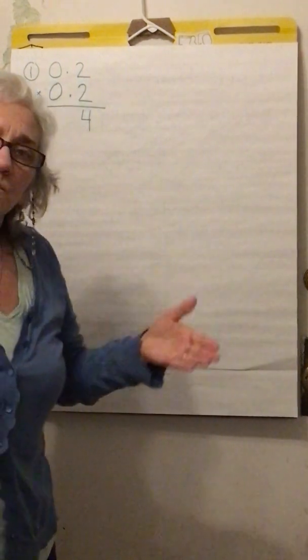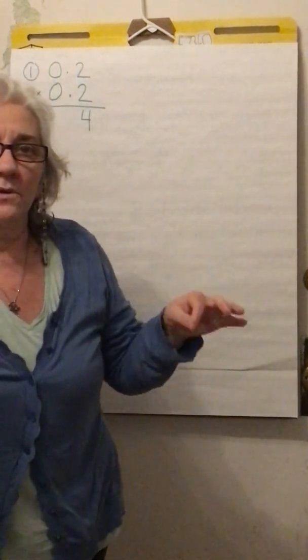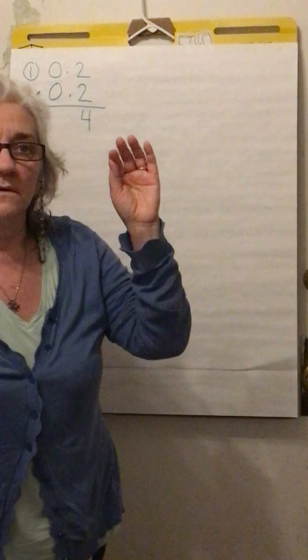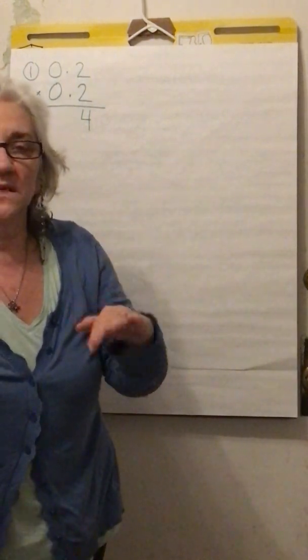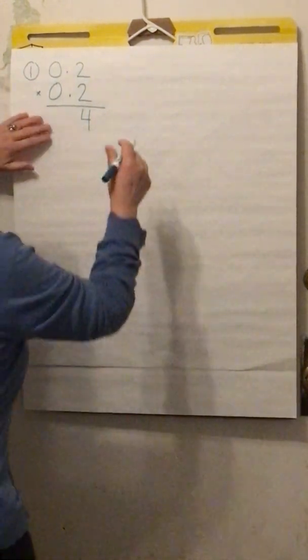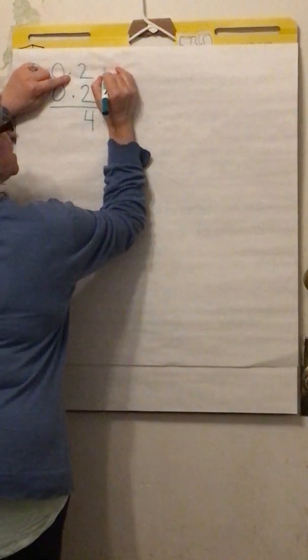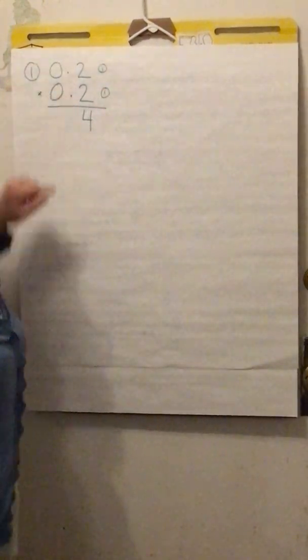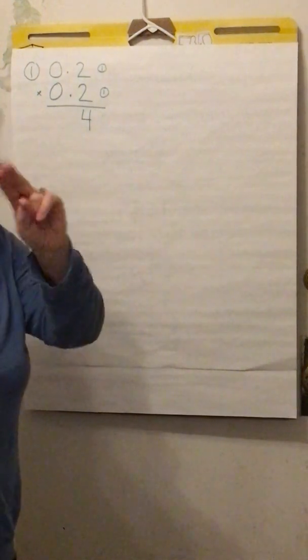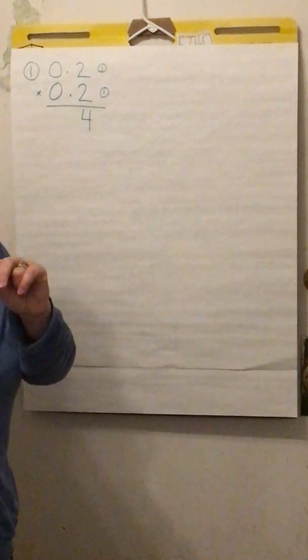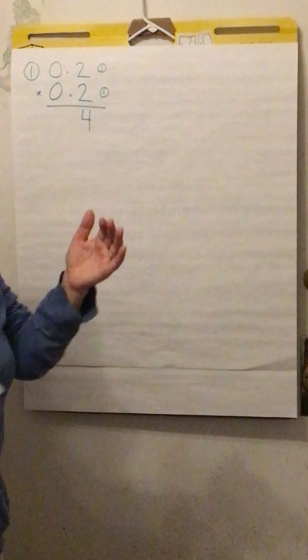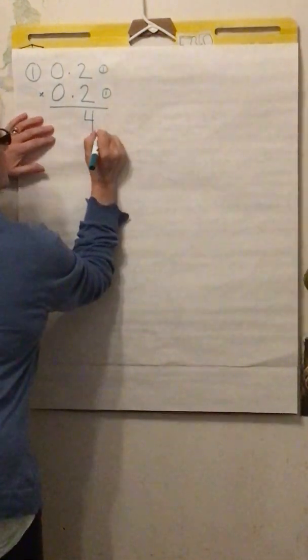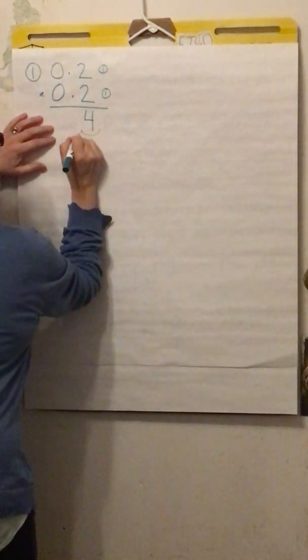And then we think about our decimal places in the final answer. Remember how we did that? We have one number behind a decimal here and one number behind a decimal there for a total of 2 decimal places. So we will have to shift from the back 2 decimal places, 1, 2.